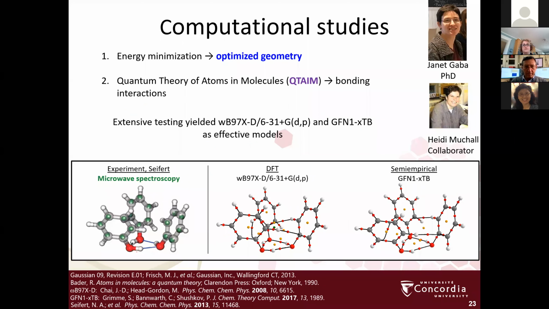We've done some computational studies. I'm not going to go into the details. My collaborator is the computational chemist, Heidi Muchal, and Janet Gaba is the PhD student working on this. We've been working with the quantum theory of atoms in molecules, QTAIM, to look at bonding interactions.